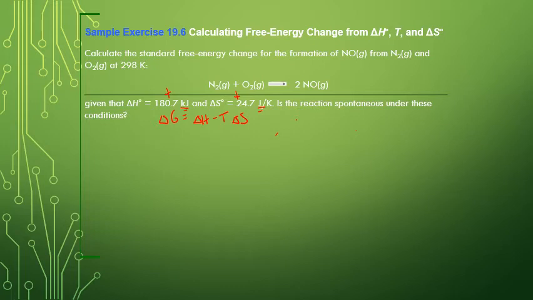So as a result of this, remember, because I have both values being positive, I would need my temperature to be sufficiently large enough in order to make this reaction spontaneous or thermodynamically favorable.